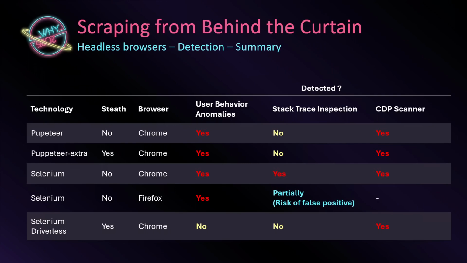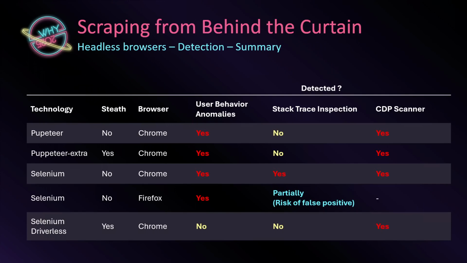After that, the stack trace inspection only really works for Selenium with Chrome, to be more precise, with ChromeDriver. This is the ChromeDriver that leaks the web element identifier, the unique identifier specified in the W3C documentation.